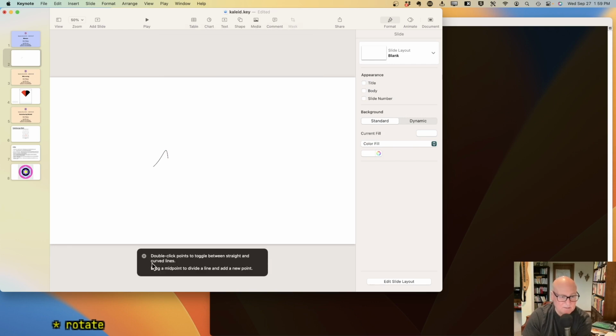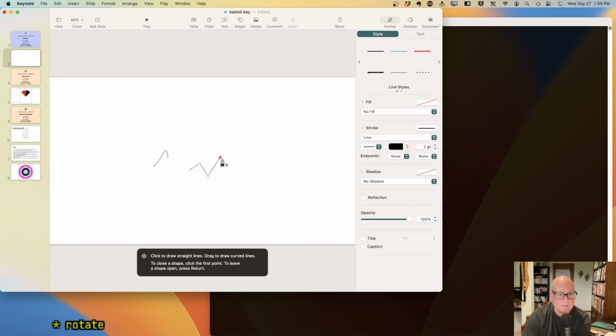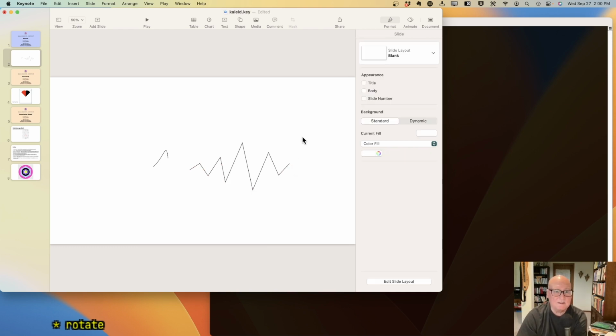Double click lines to toggle, drag a midpoint. Okay, so well, I don't see that doing any toggling, but this function, I'm imagining 0 to 360 on the bottom. I guess I can do that.